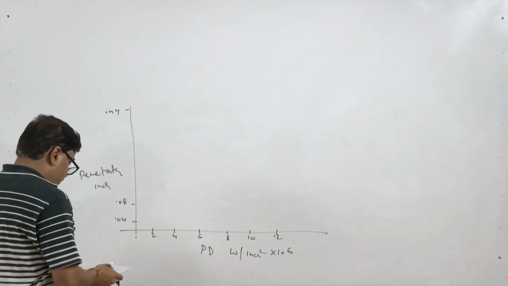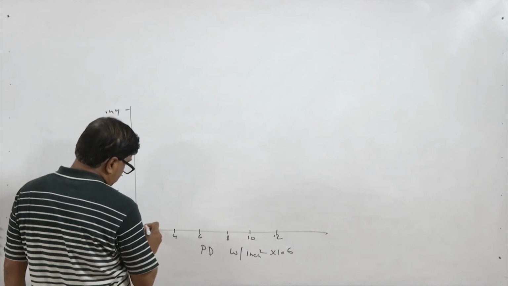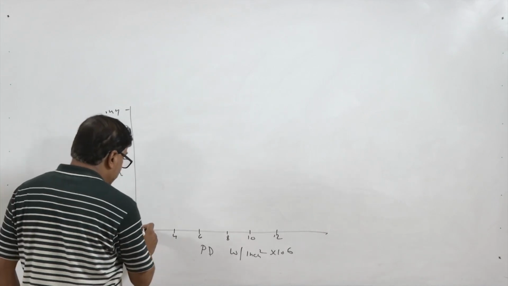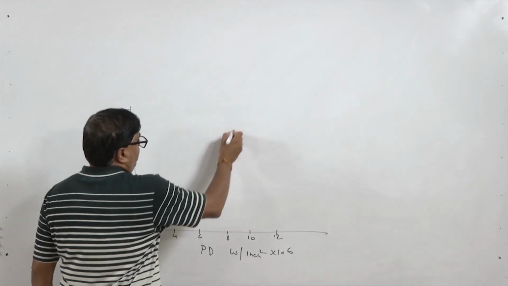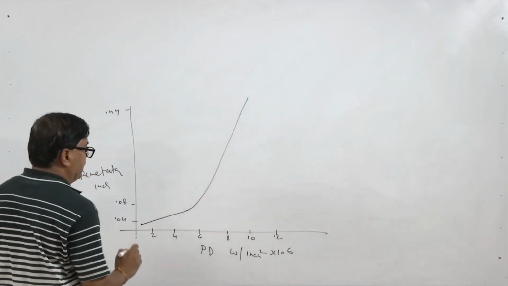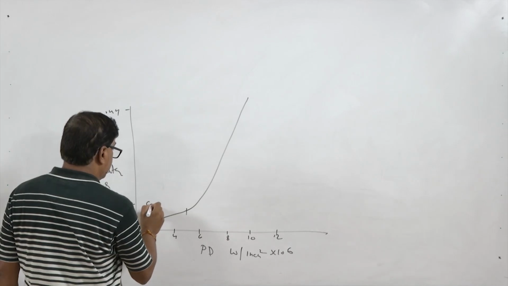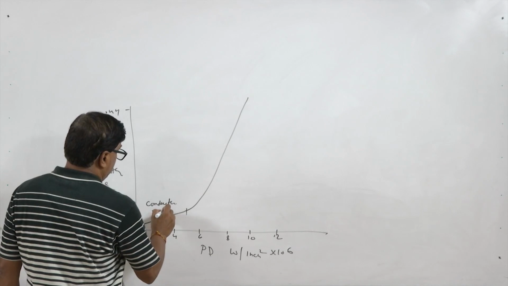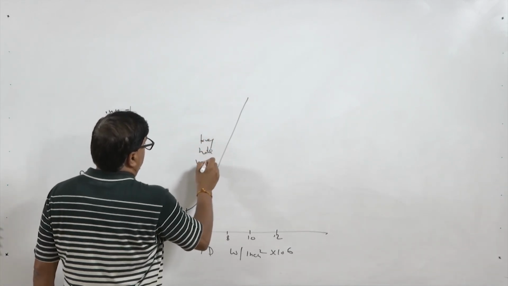So, when the power density is increased, initially the penetration keeps on increasing linearly like this, and then it jumps, increasing rapidly with the increase in power density. So, this is the zone for the conduction mode, and this is the zone for the keyhole mode.